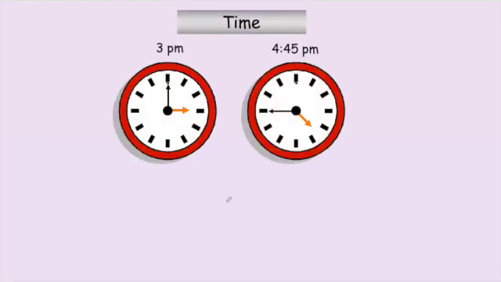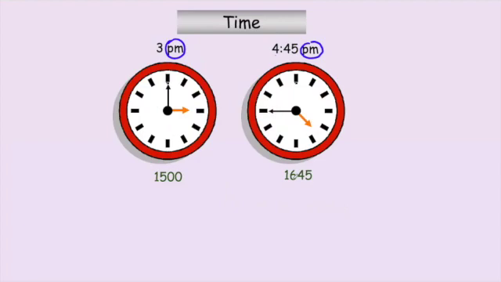Let's see more examples. We have to find the elapsed time from 3 o'clock until 4:45. Step number 1, we convert it into 24-hour clock. In 24-hour clock with PM, we add 12, so it is 1500. Again with PM, we add 12 to 4, so 4 plus 12 is 1645.